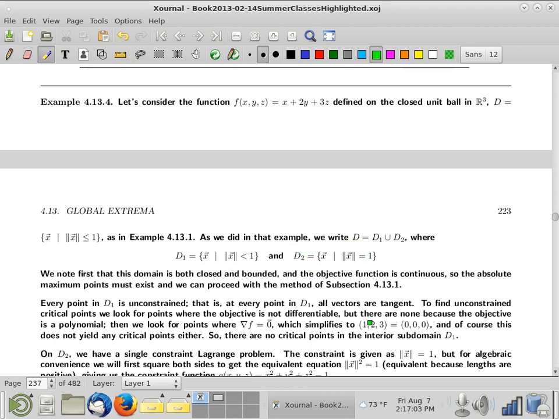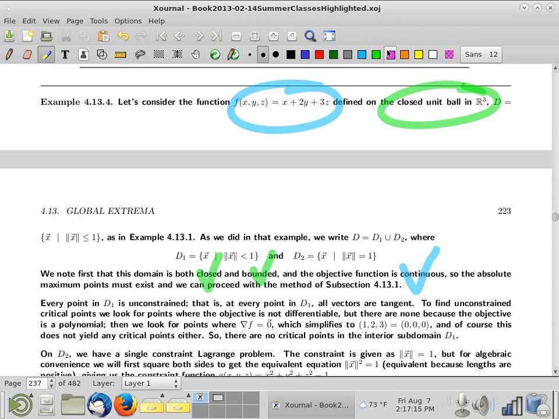All right. So as we just observed, this function is continuous, and this domain, well, we didn't say so, but let's say it now, the domain is closed and bounded, and therefore the maximizer that we're looking for must exist, and so we can proceed with our method.